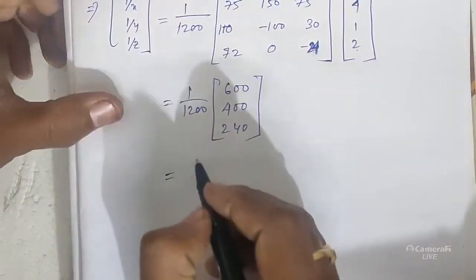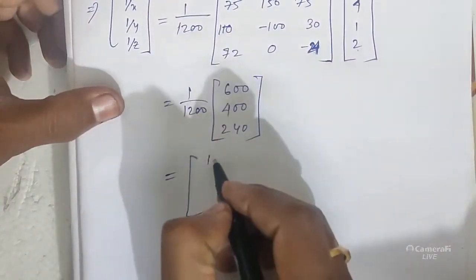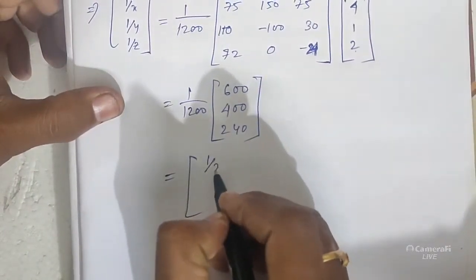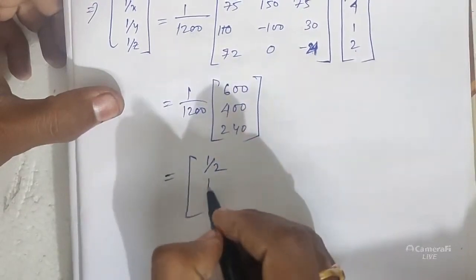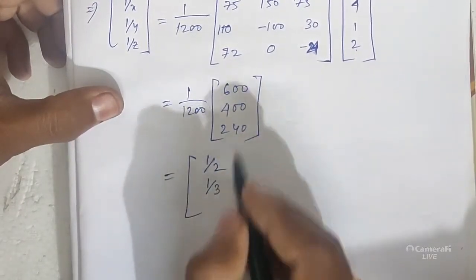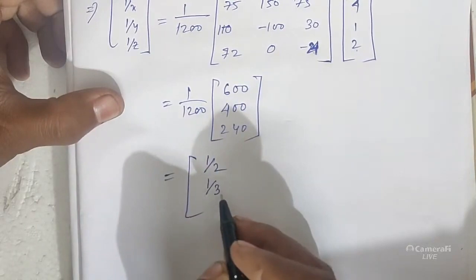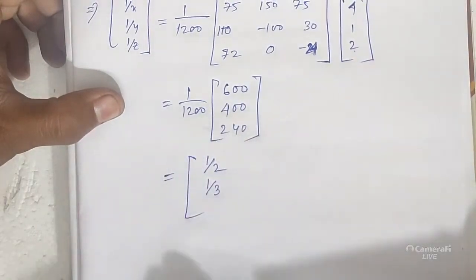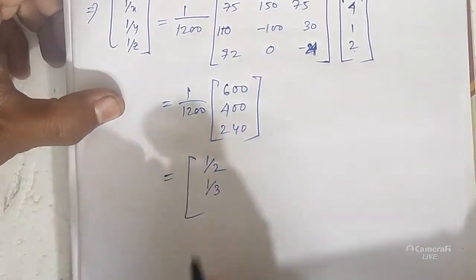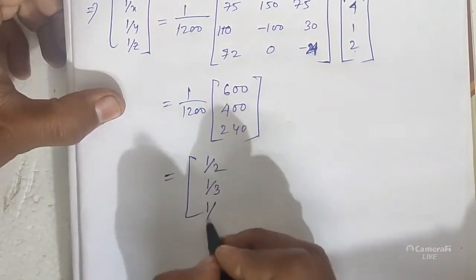Therefore this is equal to 1 by 2, 1 by 3 and 1 by 5.